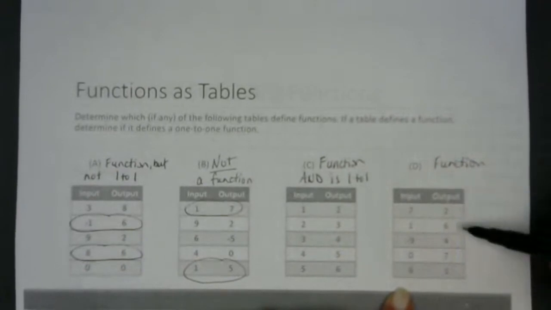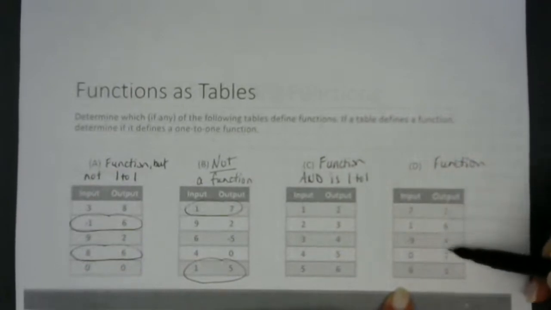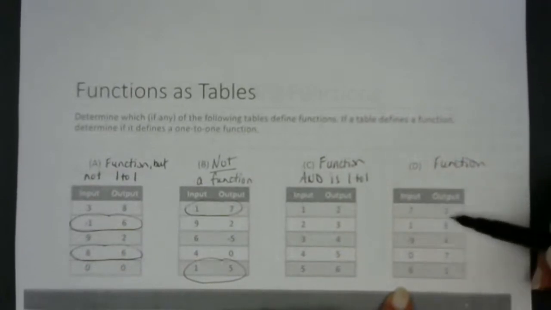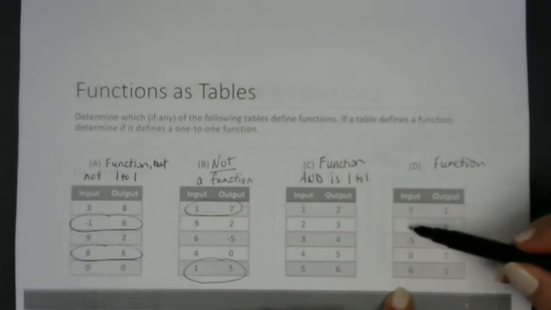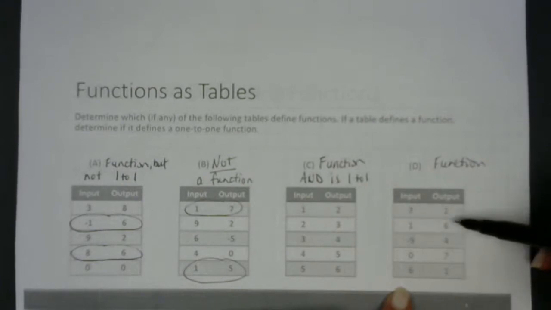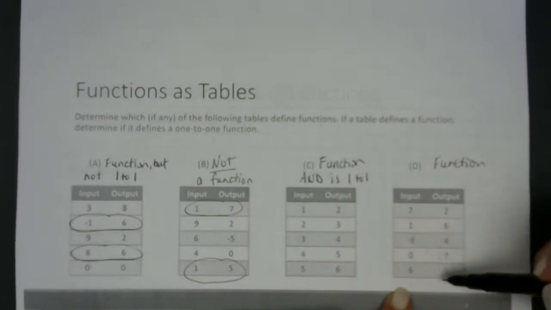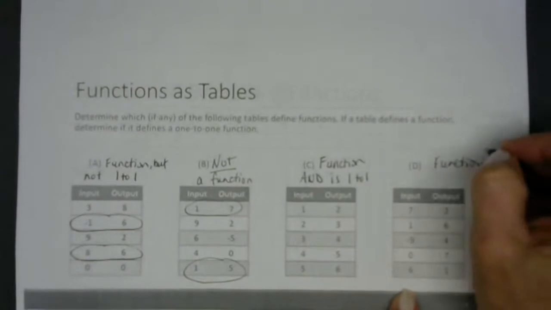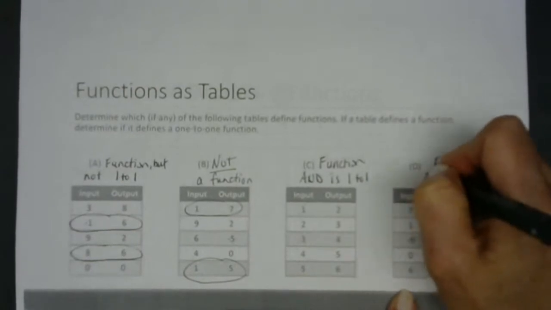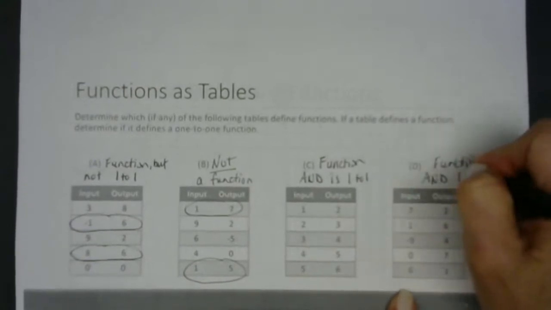Is it one-to-one? When I look at these outputs, I don't see any repeats. 7 goes to 2, 2 comes from 7. 1 results in 6, 6 results from 1. Negative 9 corresponds to 4, 4 corresponds to negative 9. I don't see any repeats anywhere here, so this is a function, and it is one-to-one.